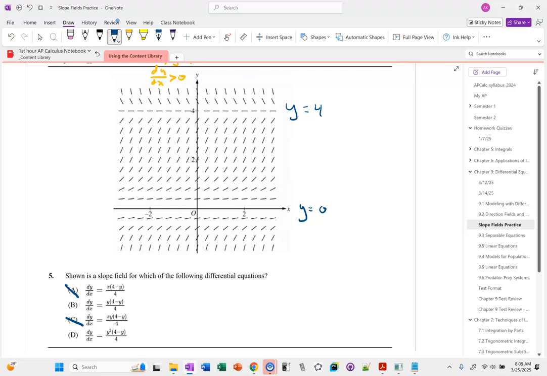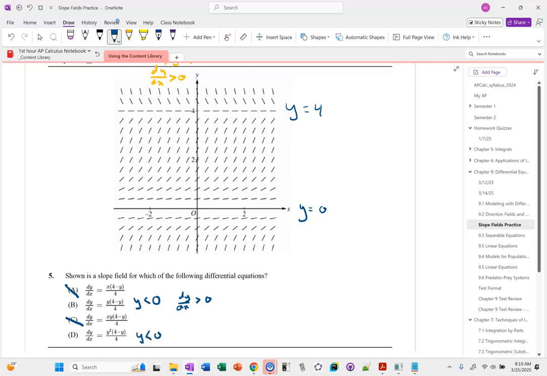So the last question here is, let's say when y is less than 0, this slope should be positive because I'll have negative times positive, right? Everybody agree with that?